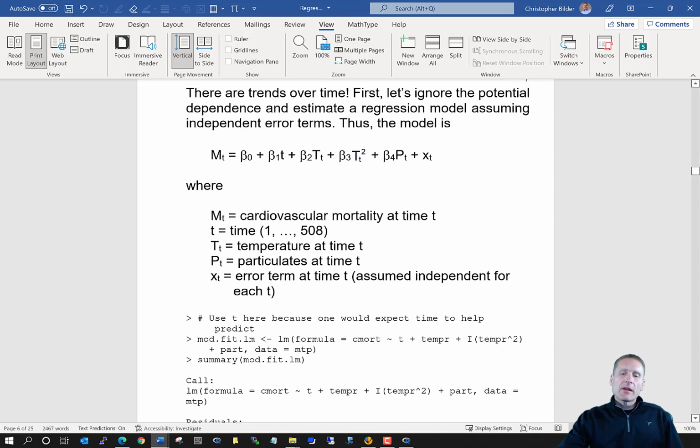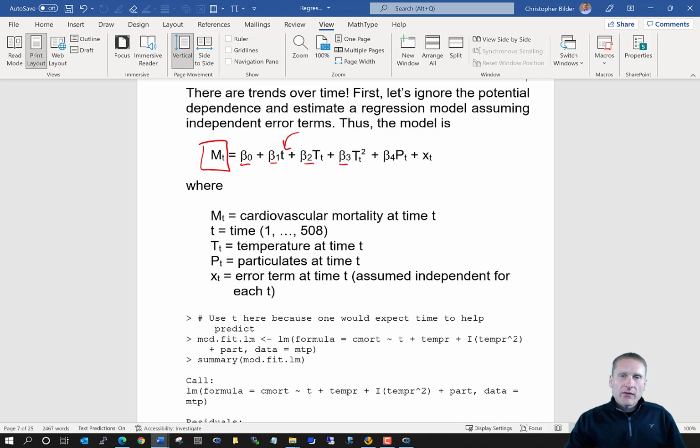Okay. So I'm going to focus on the particular final model, essentially, that the authors chose to model this data with. And so, I don't know why I switched notation here, I apologize. We're going to let capital M sub t be cardiovascular mortality rather than Y sub t. Here are my corresponding regression parameters.